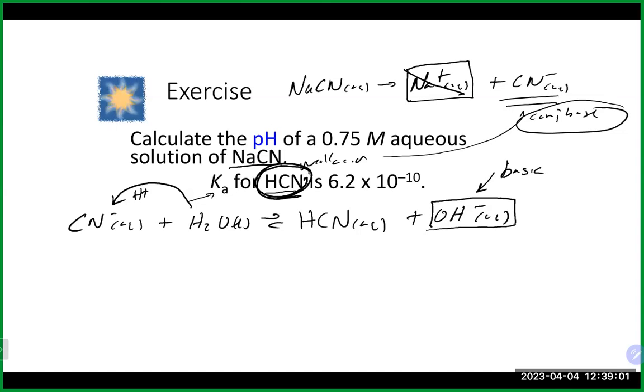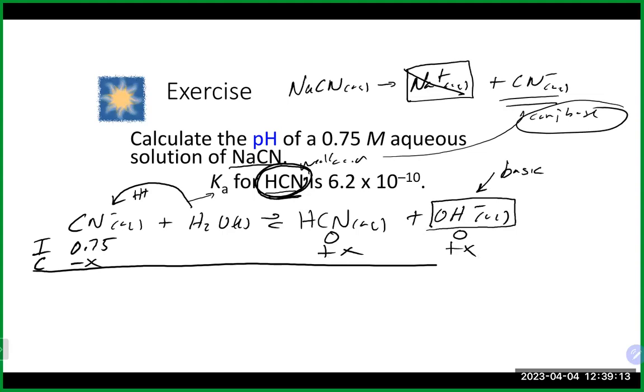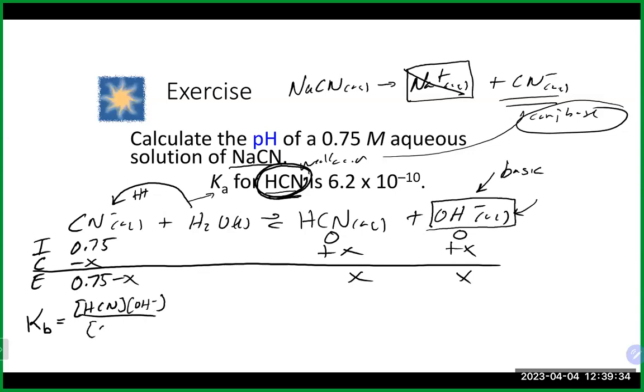Now we'll roll into our ICE table. We'll do our 0.75, our zeros, minus x, plus x, plus x, and through here, 0.75 minus x, x, and x. This will go into our K, which should be a Kb value because of the hydroxide, and that would be our HCN, our OH minus, and our CN minus.